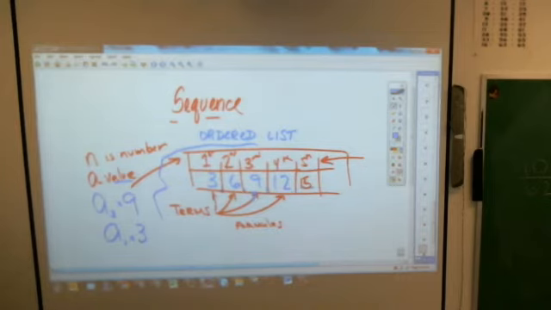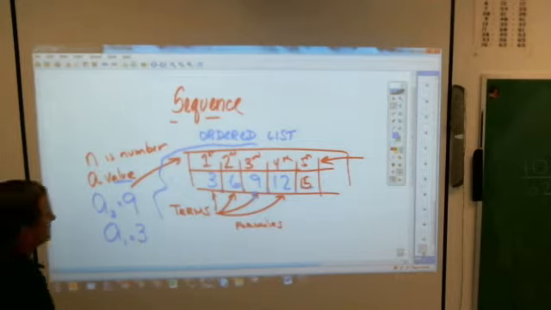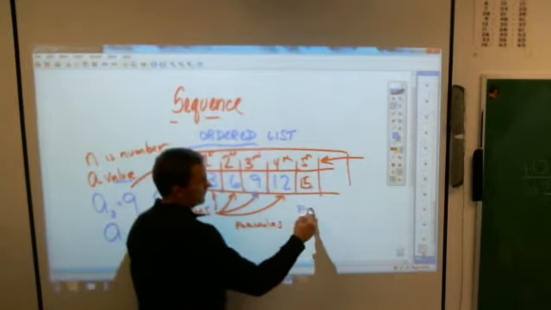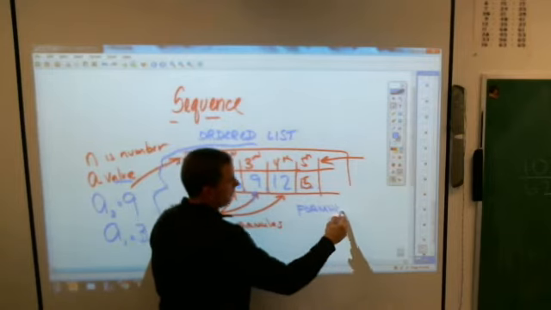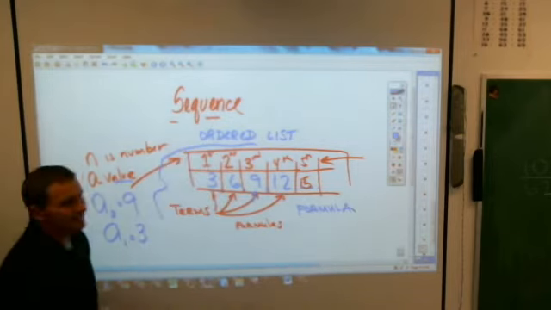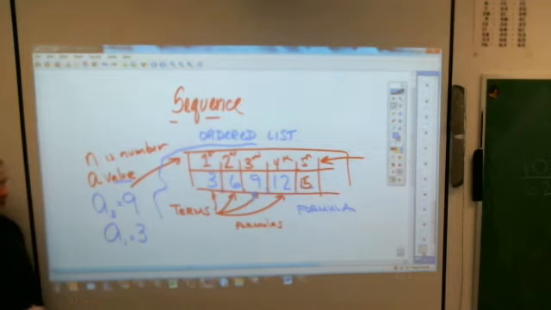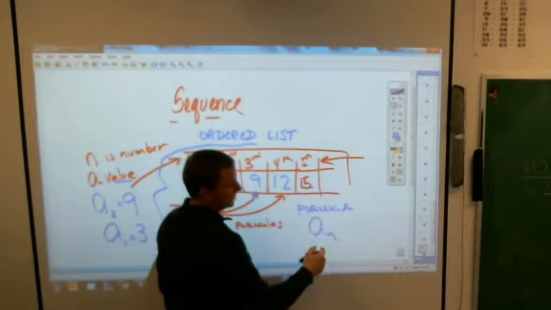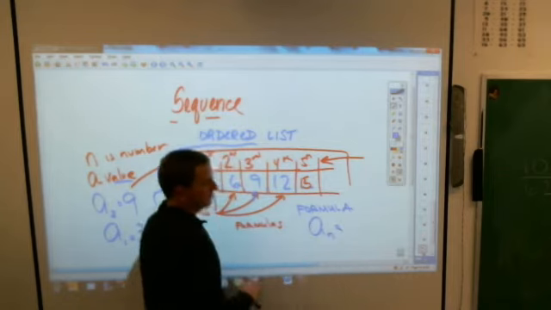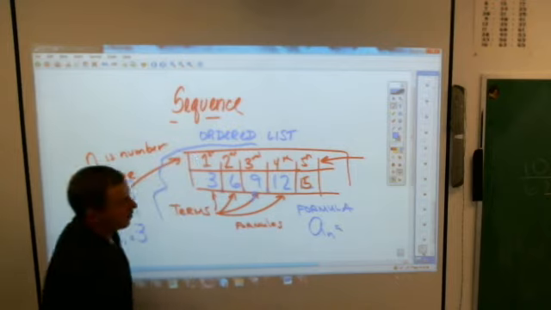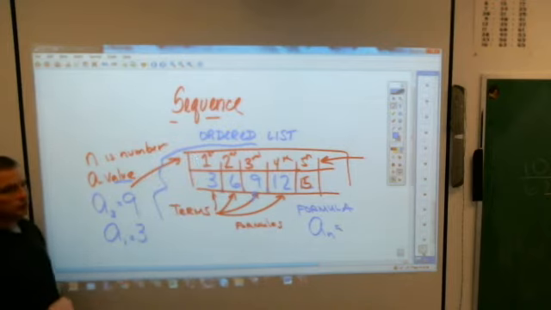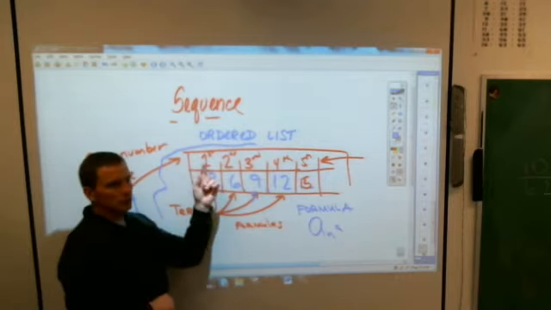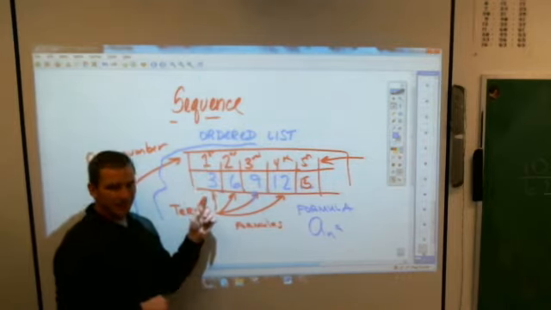Now, if I asked you to write a formula for this that would work to find any term, I show it like this: A sub n, and I can put any number I want into that. What would you do? You say, what do I do to the top thing to get the bottom thing?